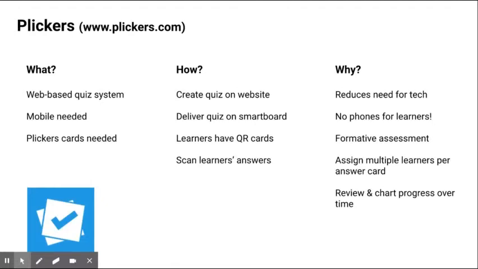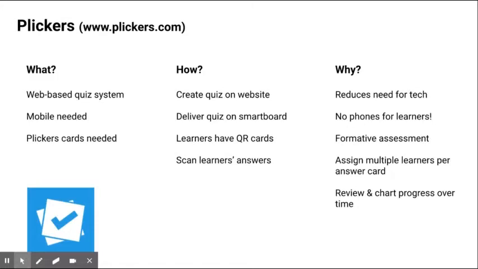Plickers, similar to Kahoot, but it only needs one phone, which is yours. So if you do have issues with people using phones not in the way that you would like them to in your sessions, this is a good way of introducing some digital assessments, some alternative assessment methods that only require you to have a mobile phone. Learners only need a card which has a QR code printed on.